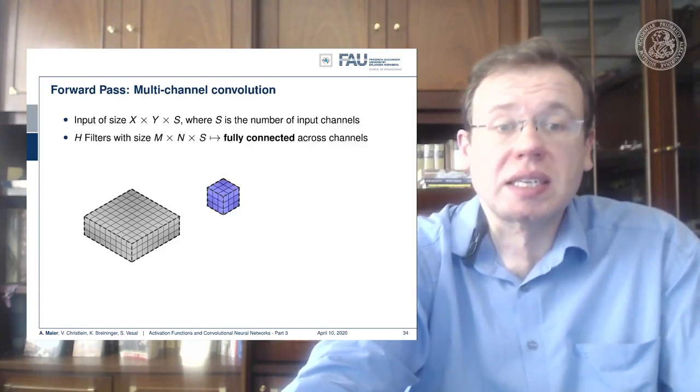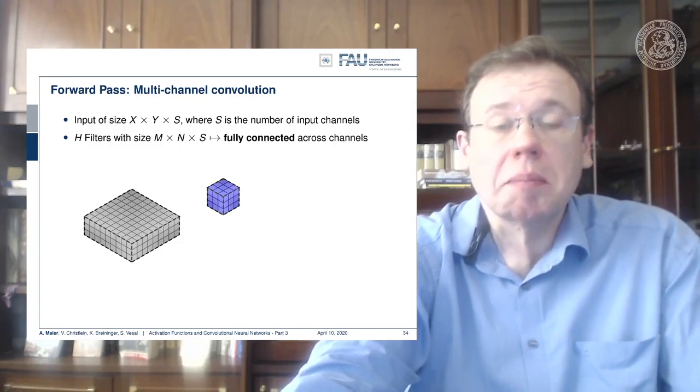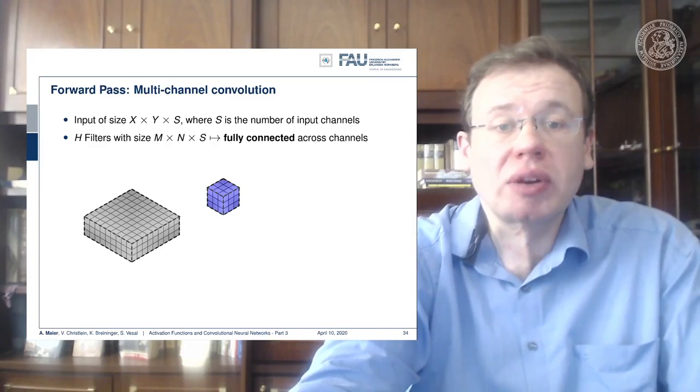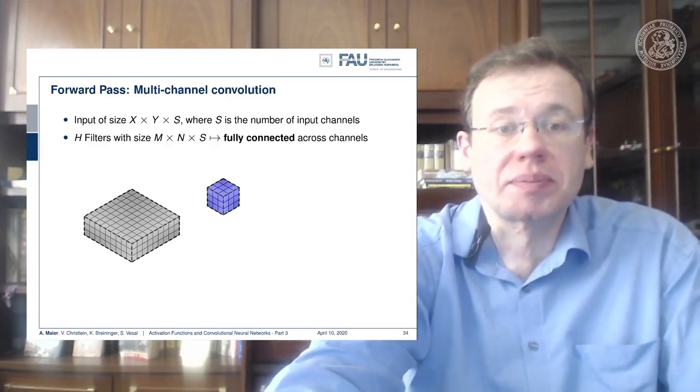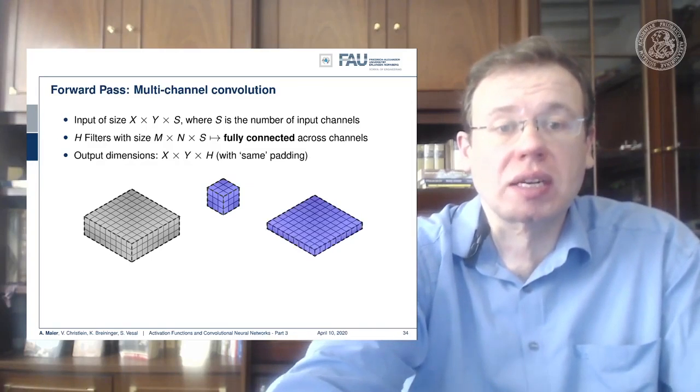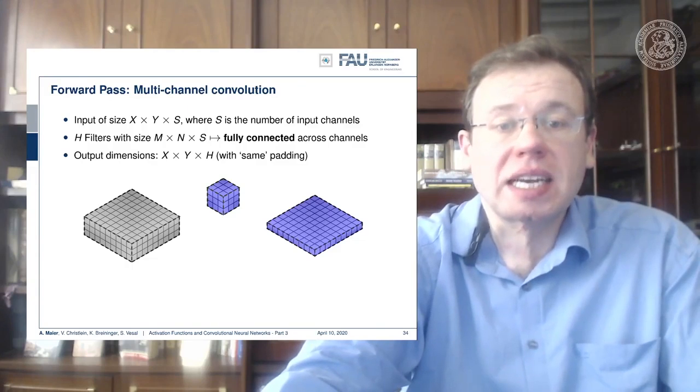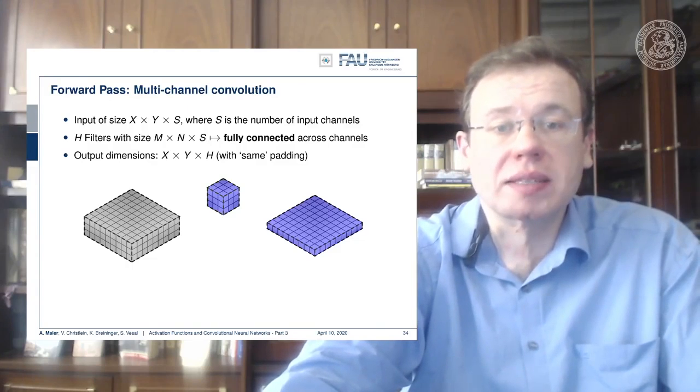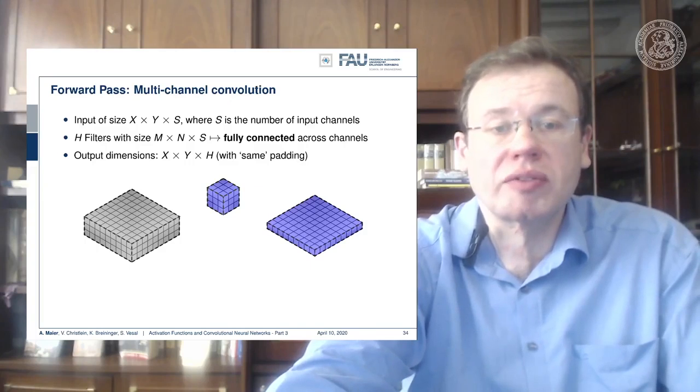Here you can see that in the spatial domain, you have the convolution kernel, but in S direction, it's fully connected across the channels. If you do so, you can apply this kernel, and then you get exactly one output mask, because this is the kernel that you have convolved your image with, and then we return this single output field.